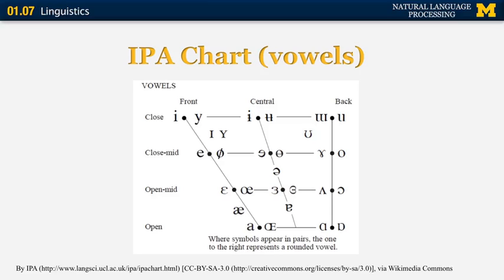So for example, the E sound is a front vowel that is pronounced with a relatively closed mouth, whereas A is much more open than E, and it's still pronounced in the front of the mouth. And then sounds like O and U are pronounced in the back of the mouth. So this chart, just like the previous one, includes vowel sounds that are not only in English but in other languages as well.